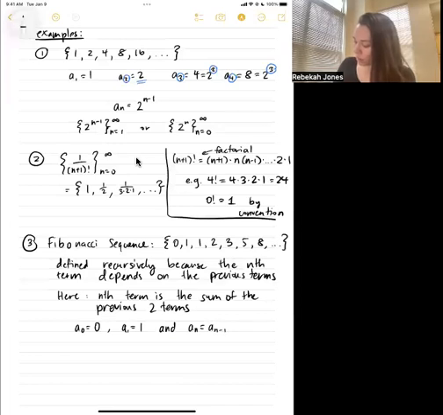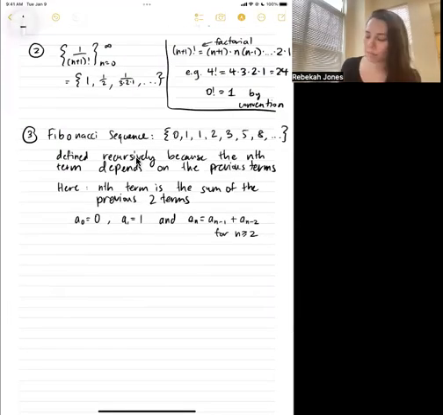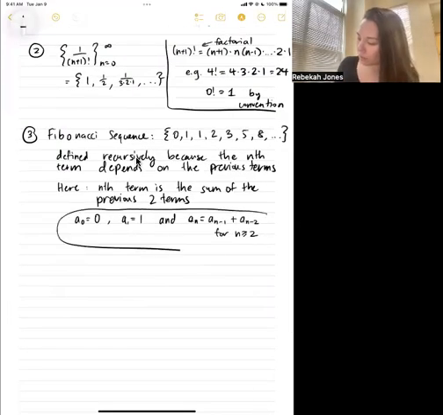It's the n minus 1th term plus the n minus 2 term, right? The two previous terms give us the next one in the sequence. And this is for n greater than or equal to 2. Okay, so this is the way we could define it.